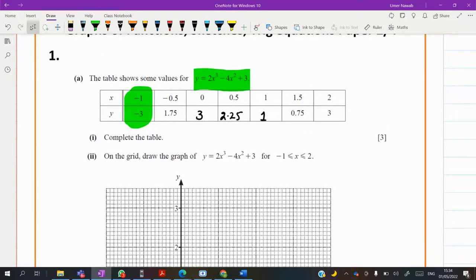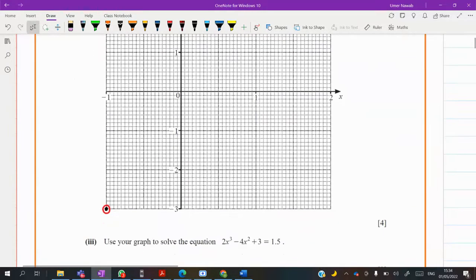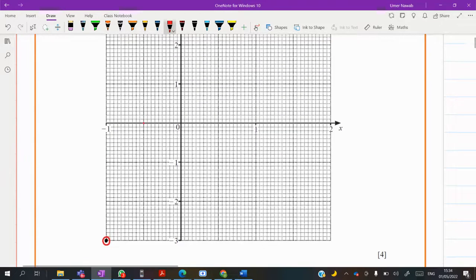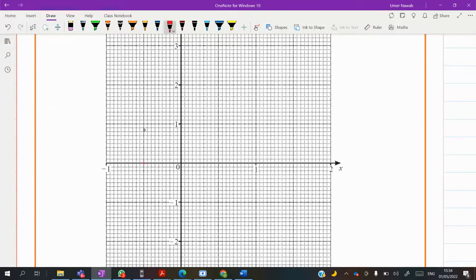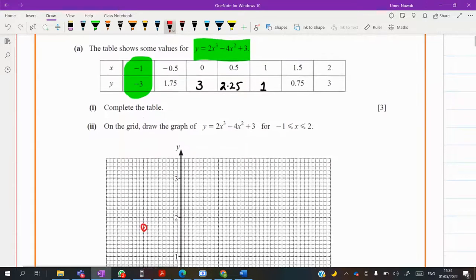Then -0.5, 1.75. I just put it approximately here. So this is 1.75.